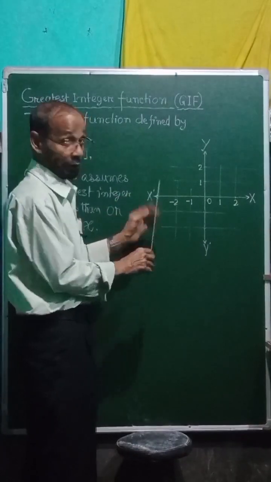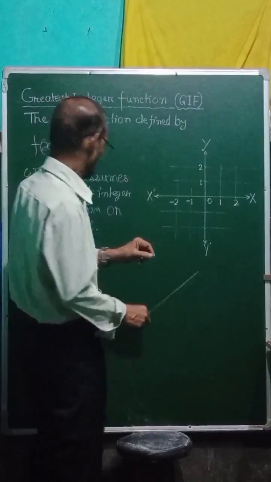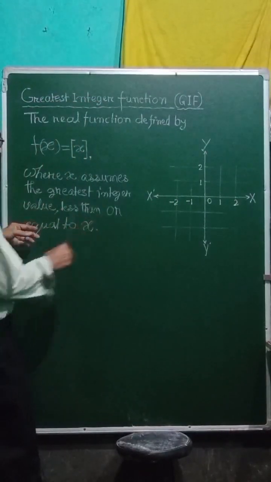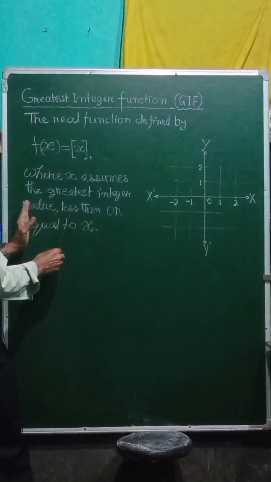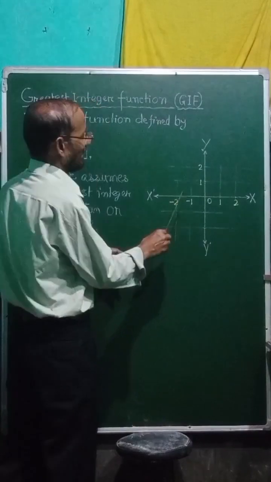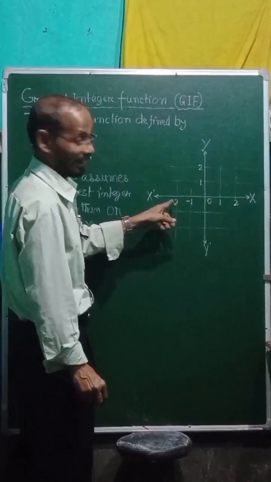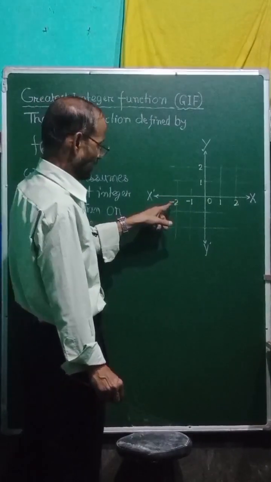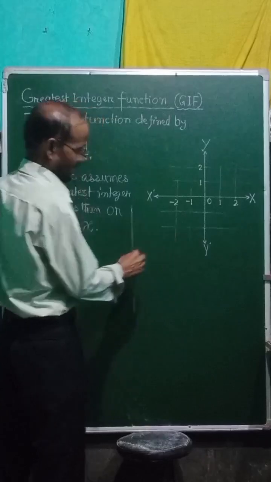And if I am going towards the right, but not exactly at minus 1, then what will happen? We see the greatest integer value less than or equal to x. So this part is considered less than. If I am here, then immediately to the left, minus 2 is the greatest integer, so it will be the value minus 2 for all x here.